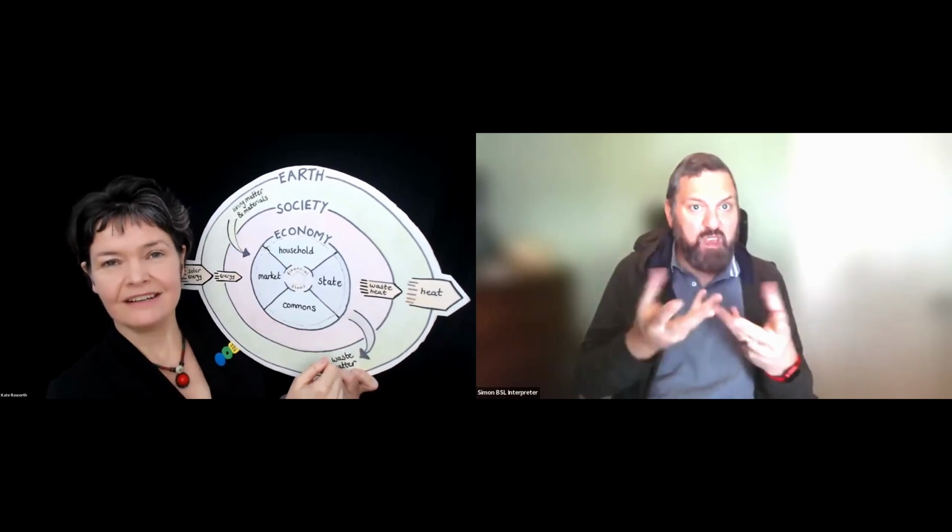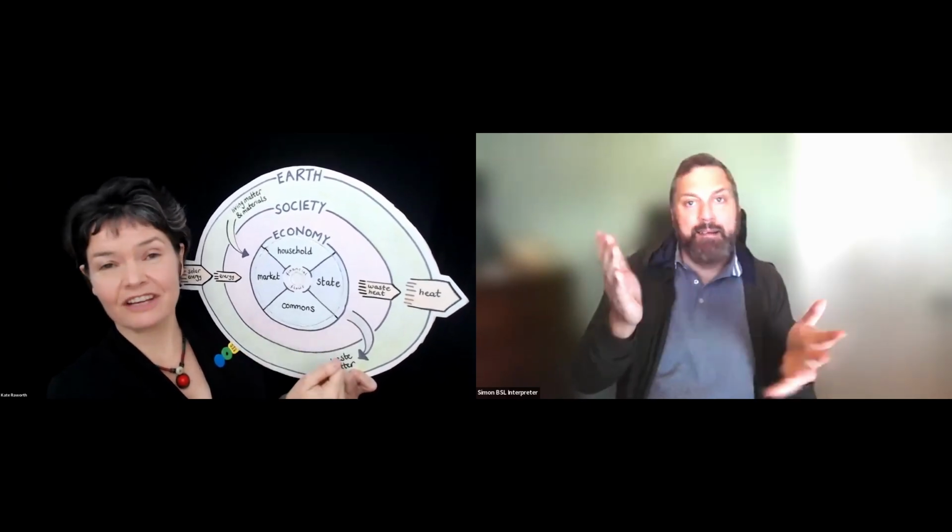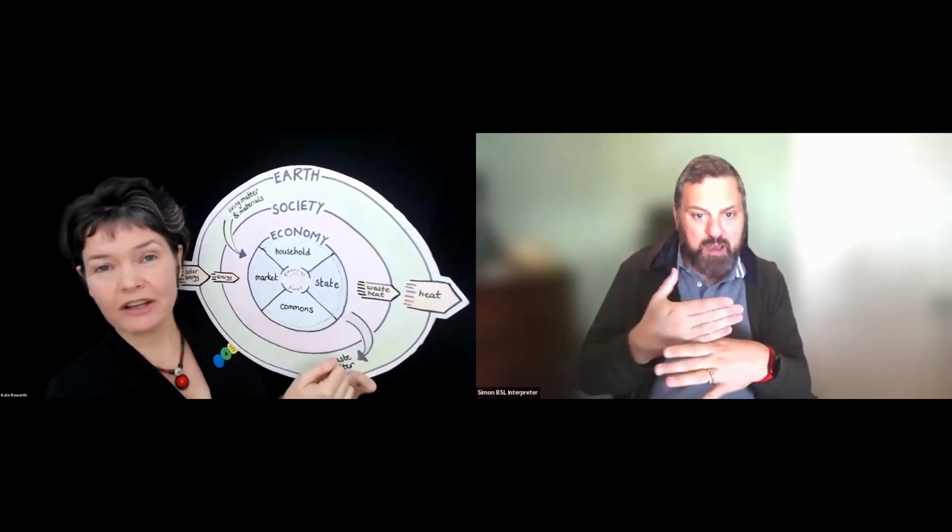In that ideological boxing match, economists lost sight of two other fundamental ways that we provision for our needs and wants. The household, where we all begin every day with our families, as parents, as children, as partners, as carers, doing the cooking, washing, the cleaning, the sweeping, raising the next generation of kids, getting labor fresh and ready for work every day to go to work in the market or the state, all underpinned by unpaid caring work in the household.